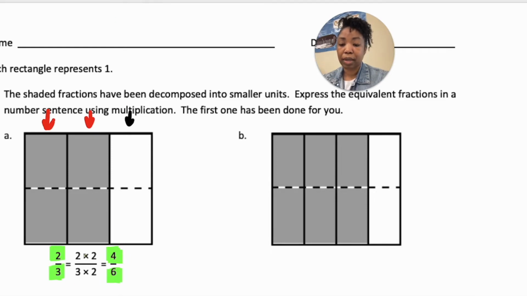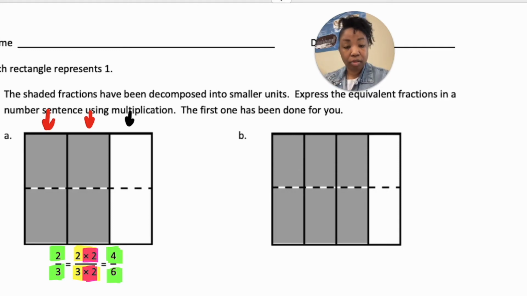We can use multiplication to show that. In order to move from 2 to 4, we did 2 times 2. In order to move from 3 to 6, we did 3 times 2. Notice that we multiplied both the top and the bottom, the numerator and the denominator, by 2. We did the same thing to the top and the bottom.